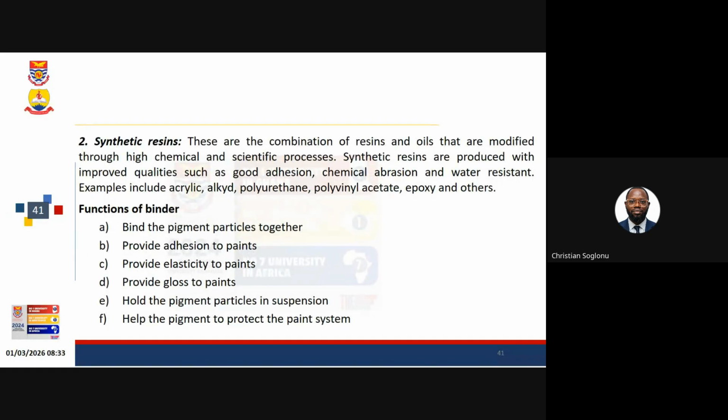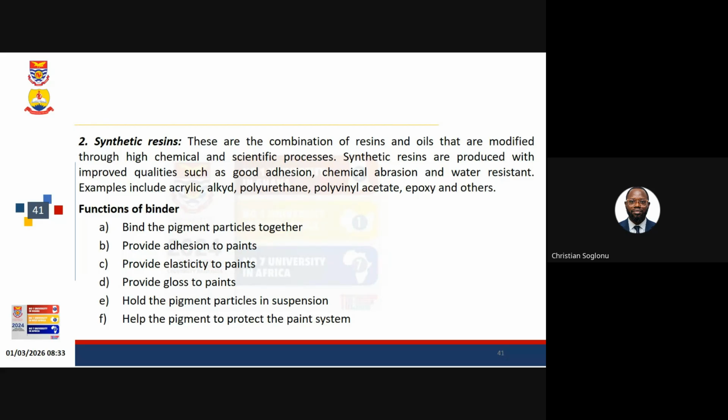So synthetic resins are a combination of resin and oil that are modified through high chemical and scientific processes. Synthetic resins are produced with improved qualities such as good adhesion, chemical and abrasion resistance, and water resistance.